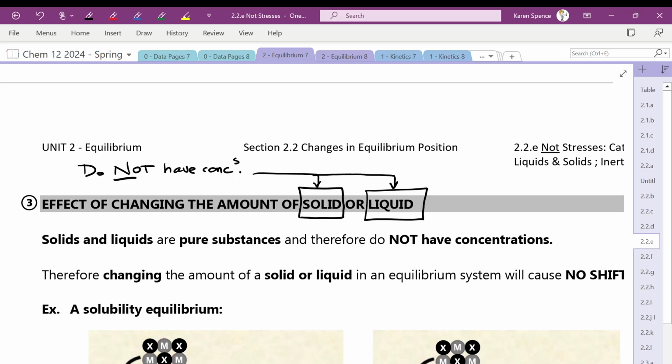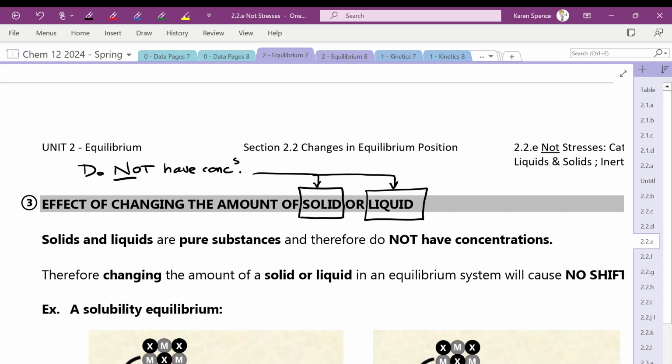Same thing with a liquid. Here I've got some water in here. Can I change the concentration of the water? No. Maybe if I had a liquid that was mixable with the water, but that's quite unusual. We don't do that very often. You might do that in organic chemistry, but not in regular grade 12 chemistry. So for the purposes of chemistry 12, you can consider water to be undilutable.